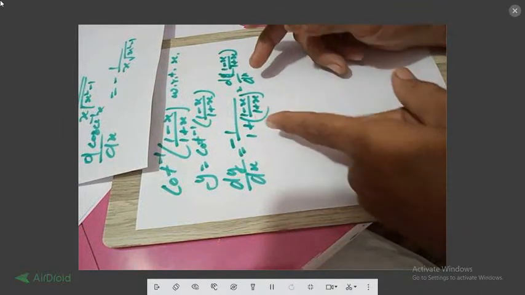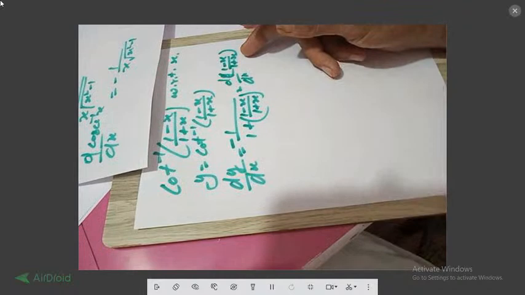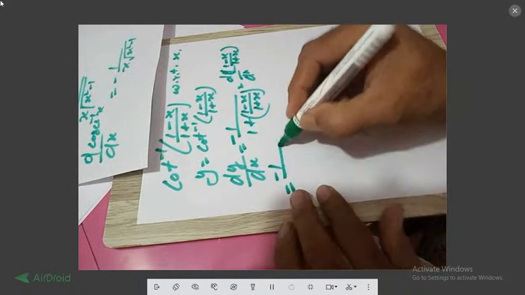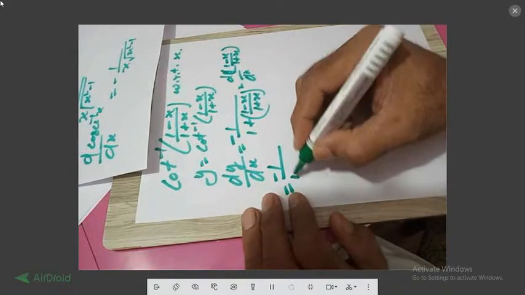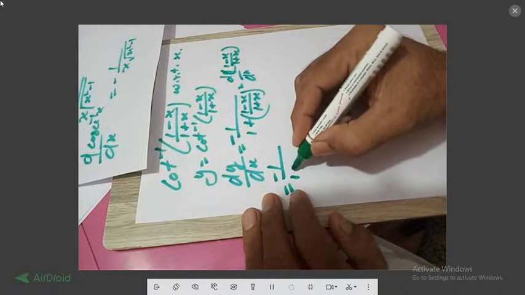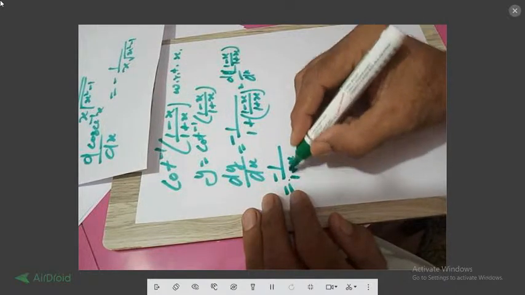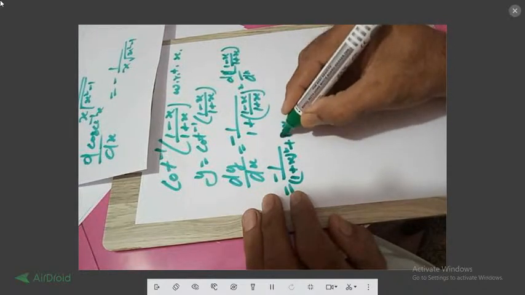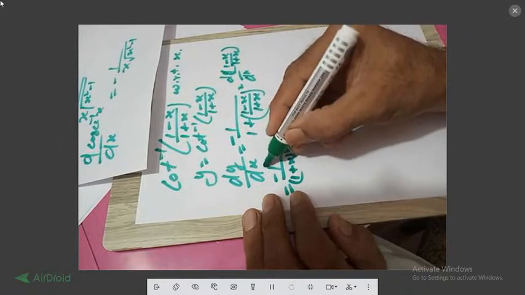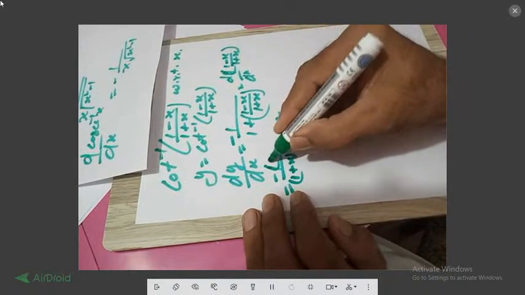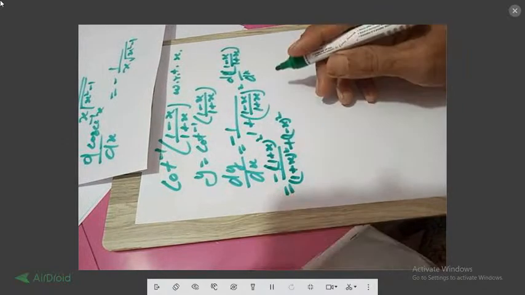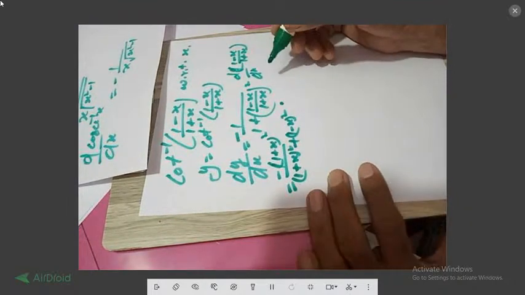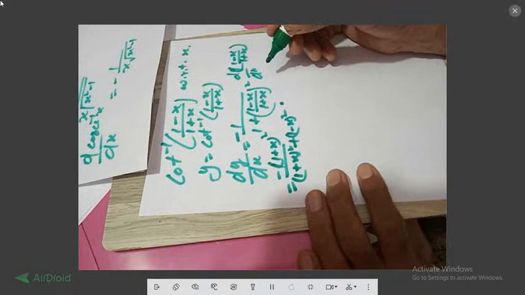Here we use the u oblique v form. This is equal to minus 1 upon 1 plus x whole square, plus 1 minus x whole square, and this is right here 1 plus x whole square. We solve this with the help of the u oblique v form.